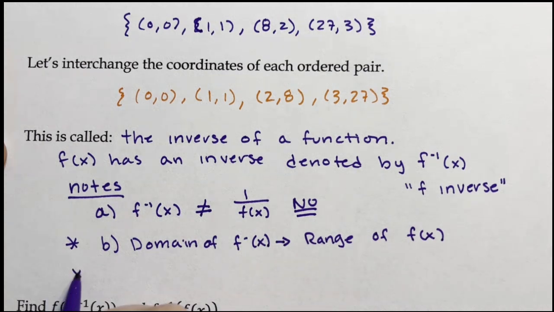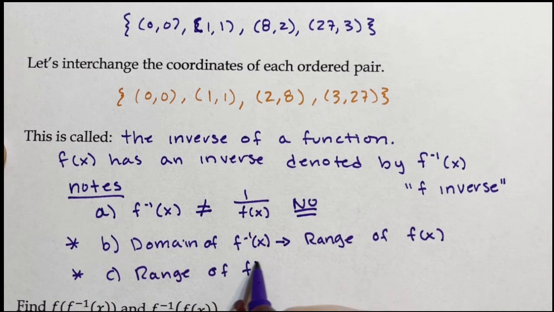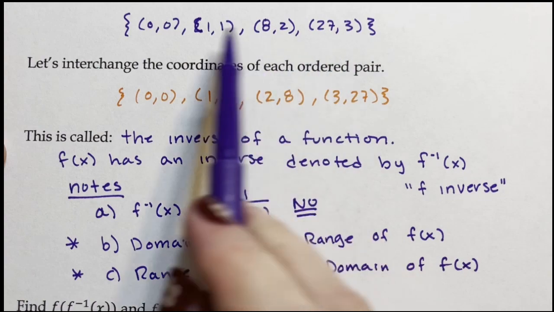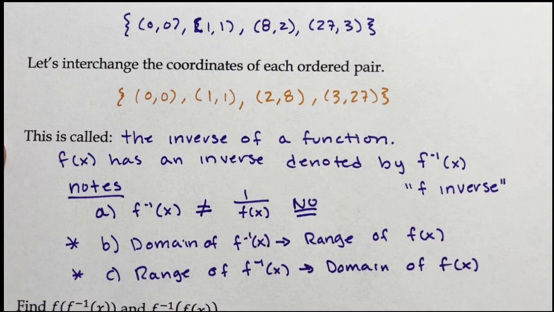Kind of fun. And the next one is the range of f inverse of x. Can you guess? It is the domain of f of x. If we're reversing our ordered pairs, that means we're reversing our domain and range.